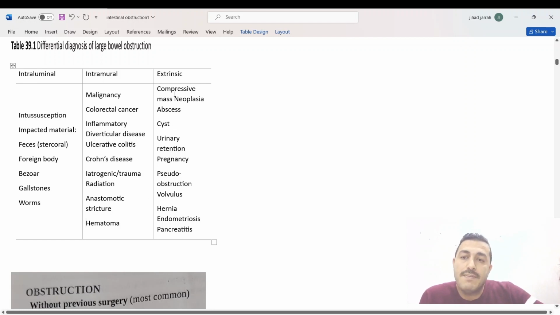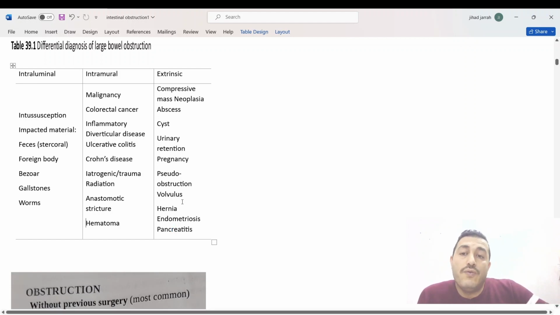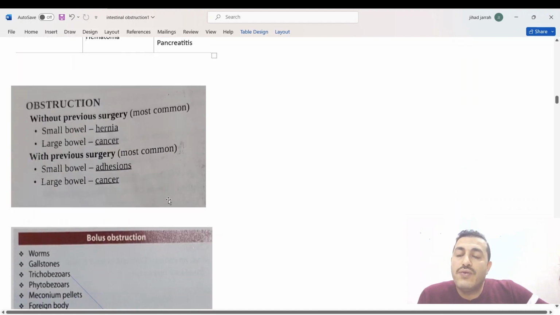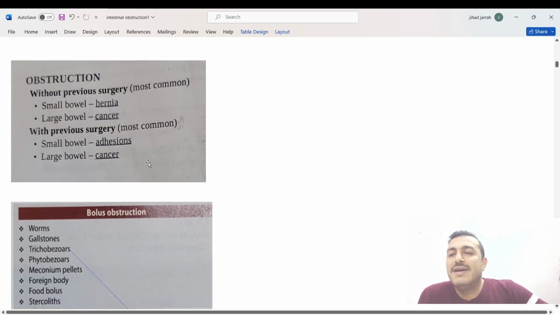Pancreatitis. We know that pancreatitis can cause paralytic ileus and can also be one of the differentials of large bowel obstruction, especially of the transverse colon.